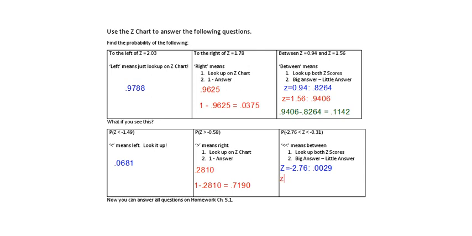For z equals negative 0.31, the probability is 0.3783. Good. And because it did say between, that means we're going to have to subtract our answers. So we will do 0.3783 subtract 0.0029, and that's equal to 0.3754. Like so.